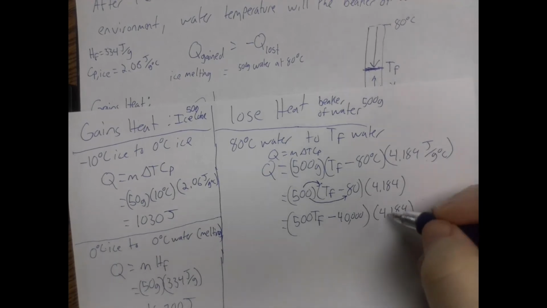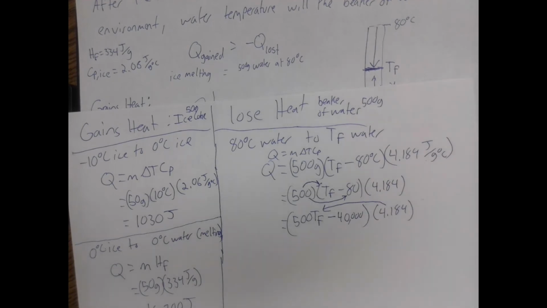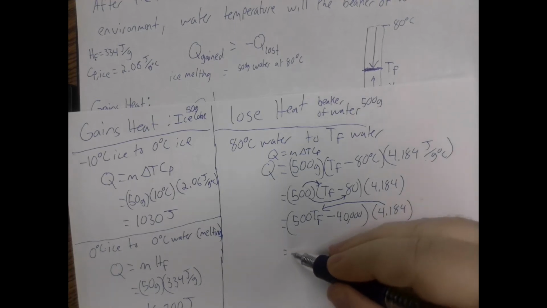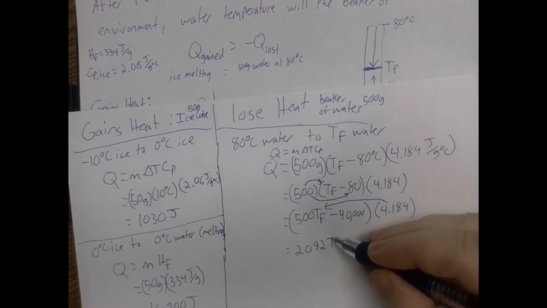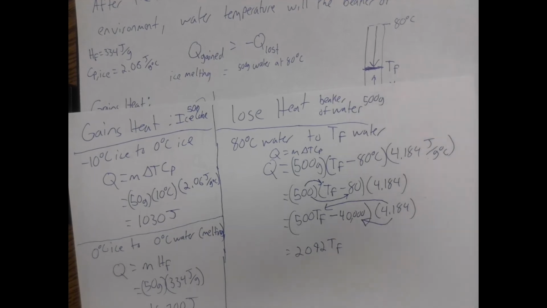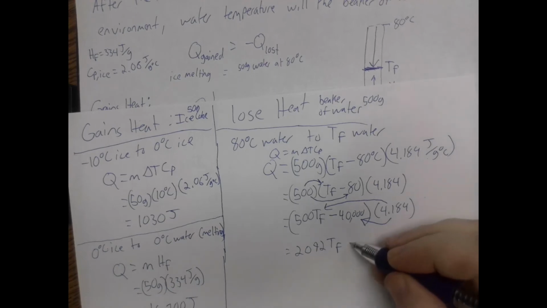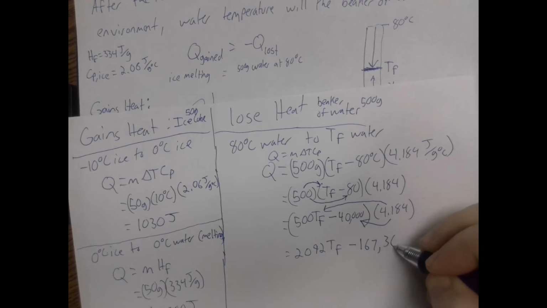We then do the same thing. 4.184 times 500 TF is 2092 TF, and then 4.184 times negative 40,000 will be minus 167,360.